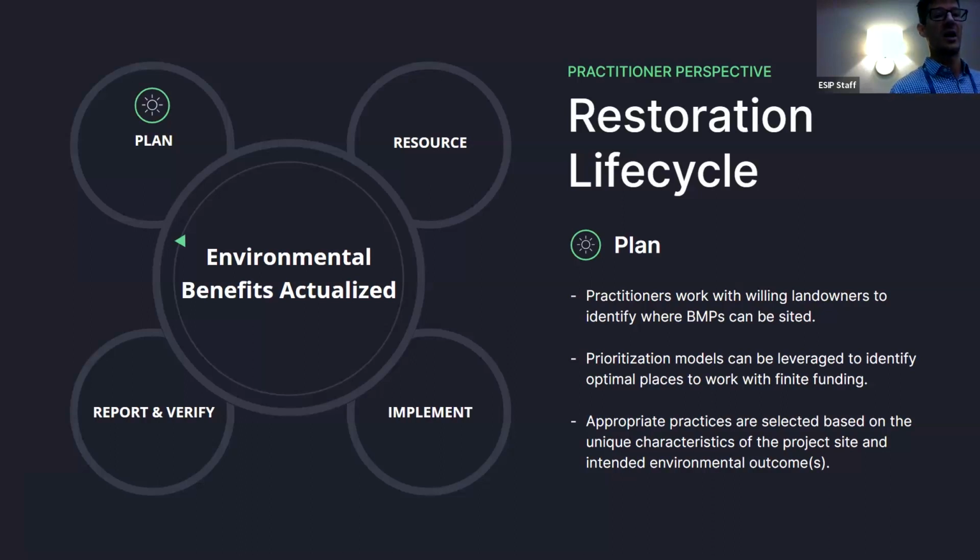A lot of the folks that do this work on the ground go through a planning process where they're trying to identify where best management practices, or BMPs, can be implemented to improve water quality. These BMPs could be things like forest buffers, grass buffers, cover cropping. If you're in an agricultural setting, it could be a heavy use area. And at each of these steps, there is a place where technology can fit in, right?